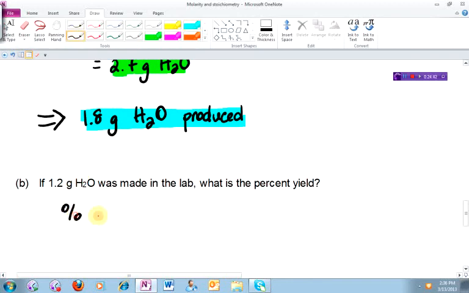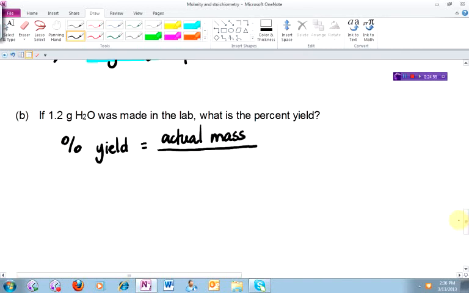Remember, percent yield is equal to actual mass, the mass that you measure in the lab once you've reacted those two reactants together, over the theoretical that you predict from your calculations. And then we times it by 100 to give us a percent.